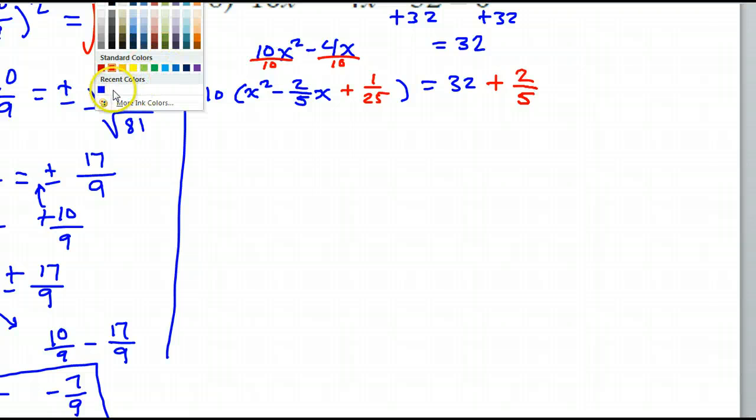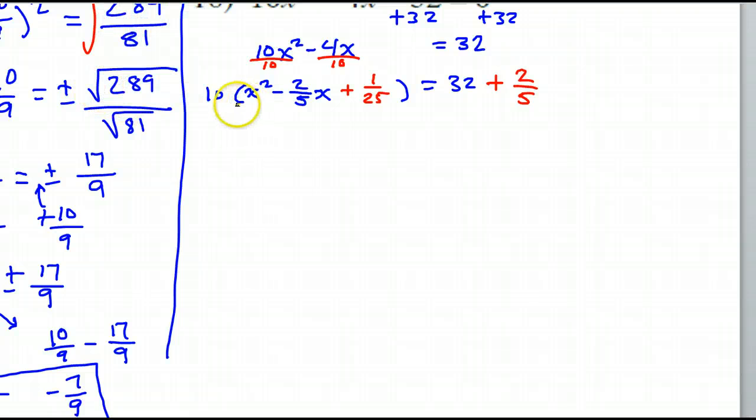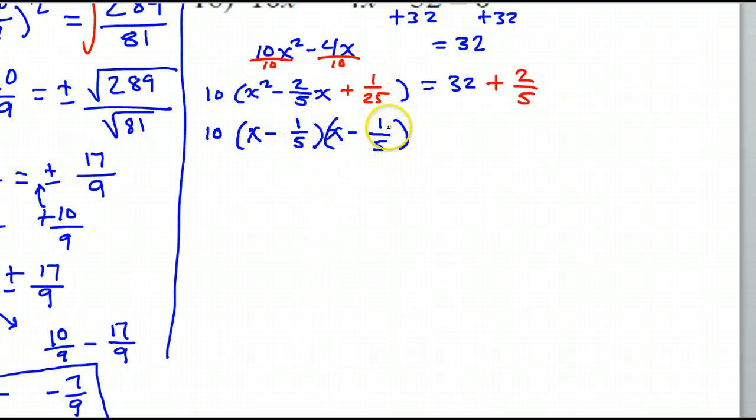Now, the point of doing that was so that this would factor as the same thing twice. So that's going to be x minus, x minus. I see the sign right there, so I know it's going to be minus, minus. And 1 over 25 can only be 1/5 times 1/5, because 5 times 5 is 25, 1 times 1 is 1.